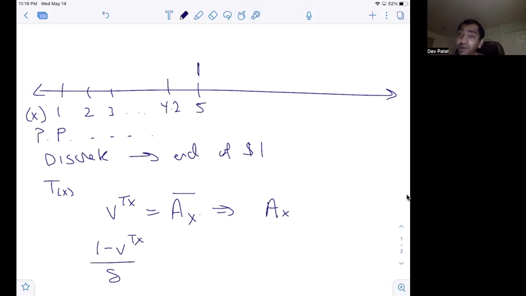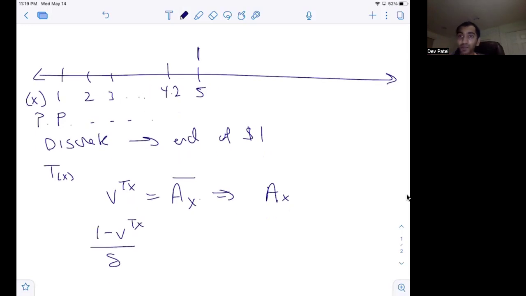So that is the present value of this sequence of payments or an annuity due. And so from the insurer perspective, we have the premiums that are being collected, what they are receiving, and what they have to pay out, which is the death benefit. In this case, we're saying that it's a whole life continuous or discrete insurance.